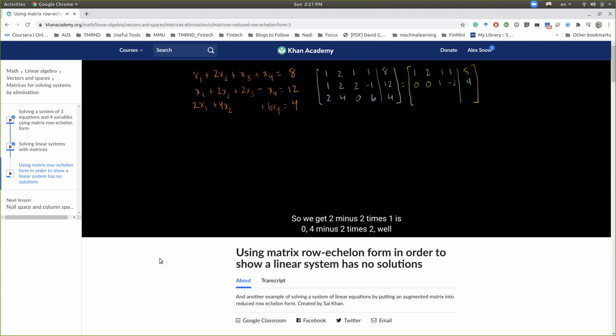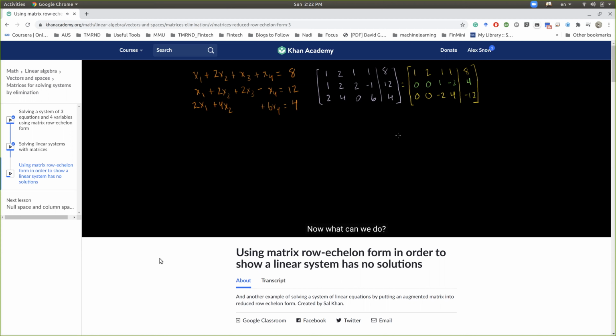So we get 2 minus 2 times 1 is 0. 4 minus 2 times 2, well, that's 0. 0 minus 2 times 1, that's minus 2. 6 minus 2 times 1, well, that's 4, right? And then 4 minus 2 times 8, minus 2 times 8 is minus 16. 4 minus 16 is minus 12.